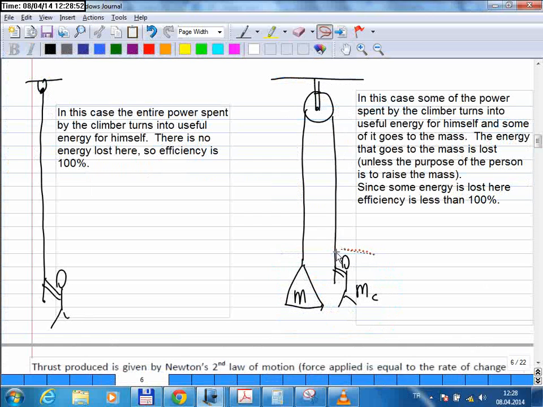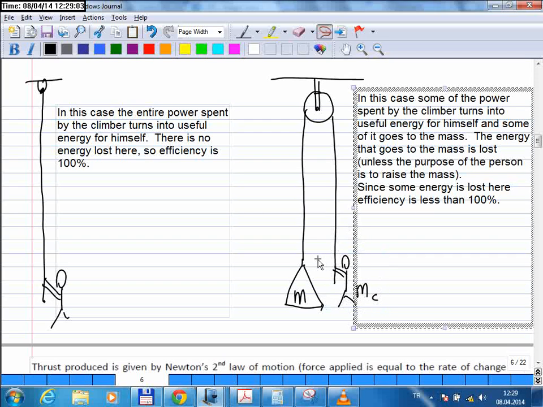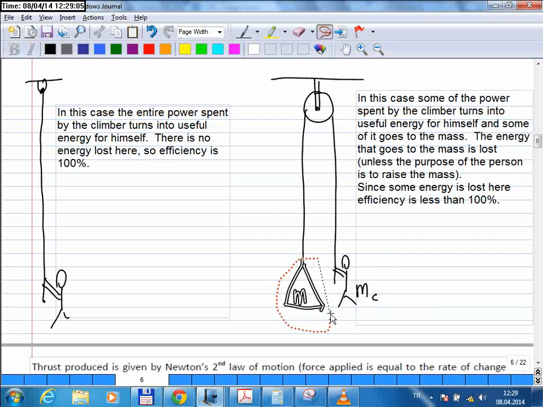He would be spending pretty much the same amount of muscle power, but that power, instead of turning into useful work for himself, would be turning into useful work for this mass. He would be getting tired by the same amount, but instead of going up, he would be lifting this mass up.